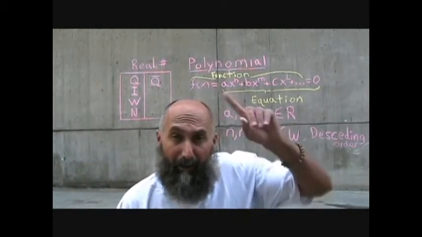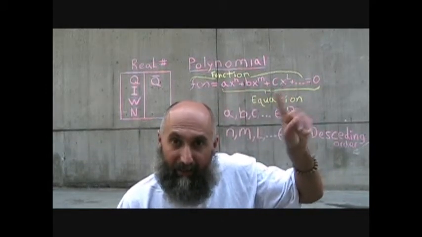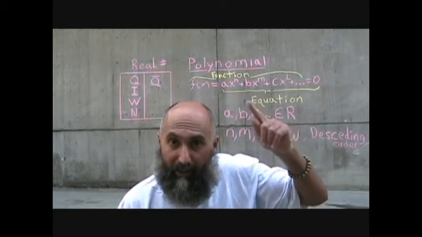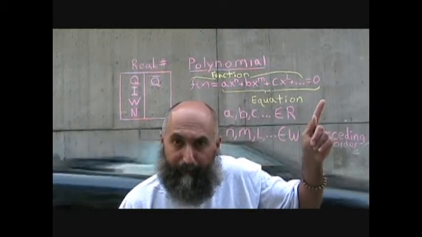And that's called a polynomial function if it's f of x equal to something like this, or a polynomial equation, where it's not a function, where you're setting the function equal to 0, okay?